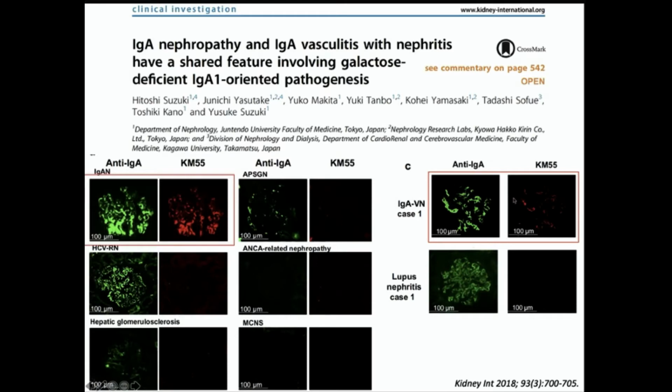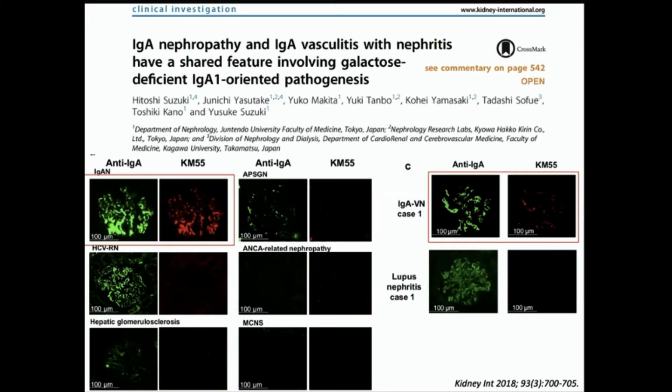This was in all the cases they tested for IgA nephropathy and HSP nephritis. But for none of the other entities they tested with this antibody, KM55, they are negative. So that's how they feel KM55 is specific for primary IgA nephropathy and IgA vasculitis.